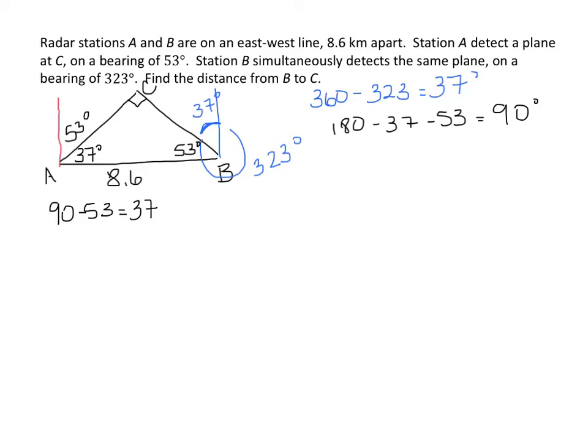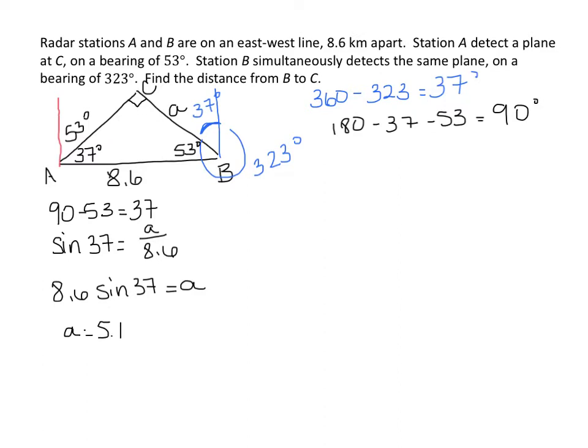I'll just name that, you know what, we'll call that A. So the sine of 37 is A over 8.6, and then from there we solve for A. 8.6 times the sine of 37 is equal to A. I get A is equal to 5.176 kilometers.